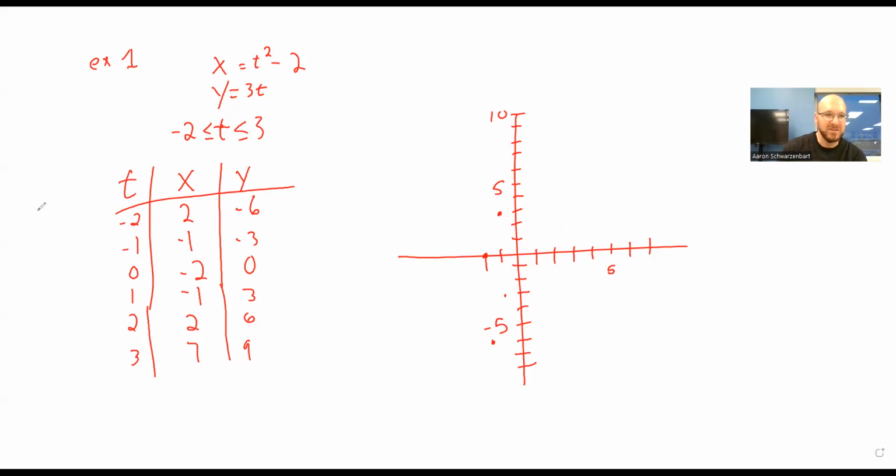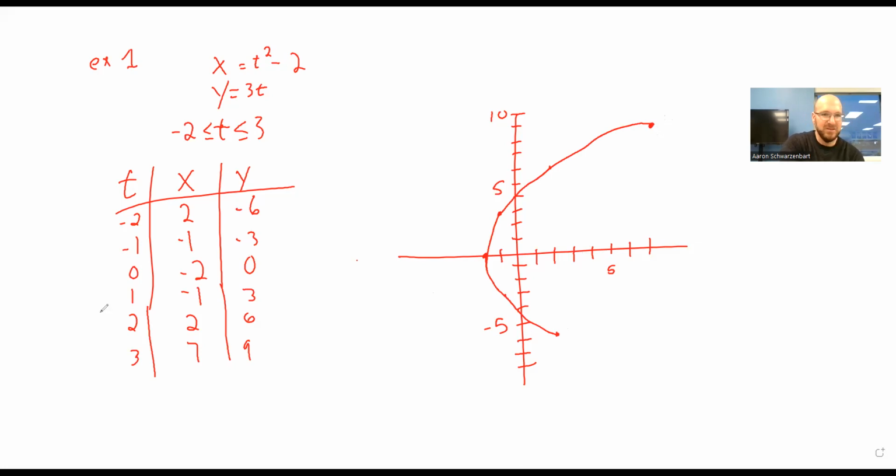Oh, I screwed up. This is positive 2, negative 6. That's why this doesn't look right. 2, 6 is here, and 7, 9 is here. And there we have it. That's the graph on the interval.